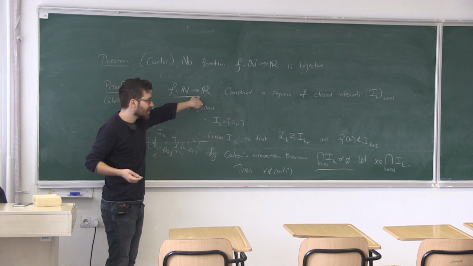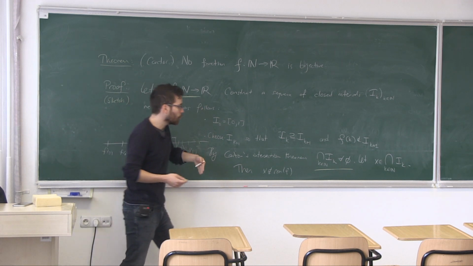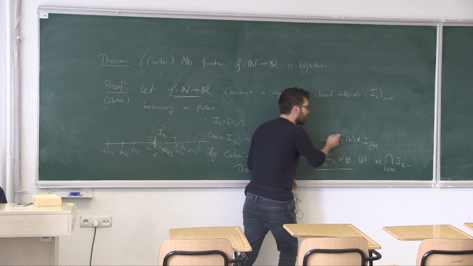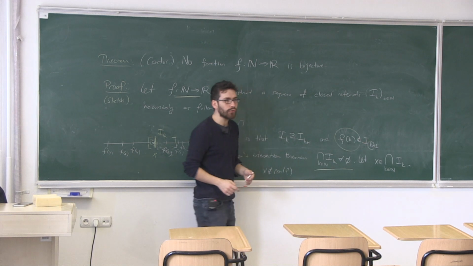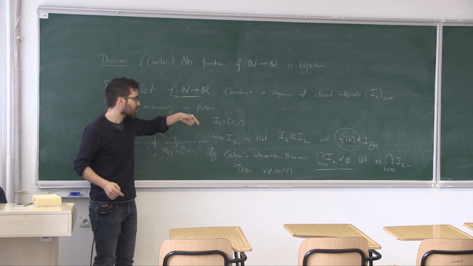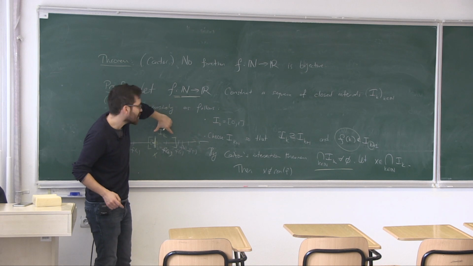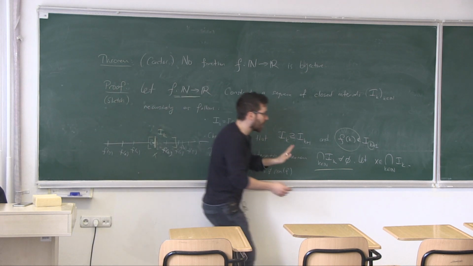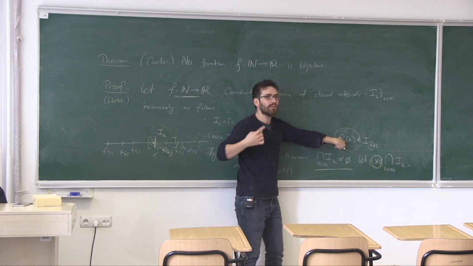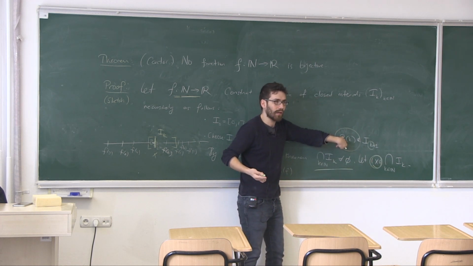And what you do is a construction where at the kth stage, you make sure that the object you're going to produce is different from the kth object you listed. If you look at this construction, I'm constructing these intervals so that whatever I get at the end is different from the thing I want to avoid at the kth stage, okay?